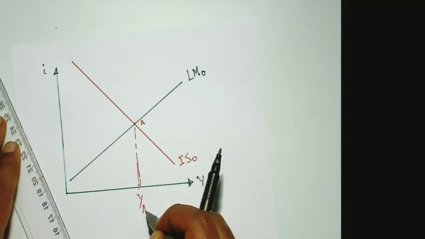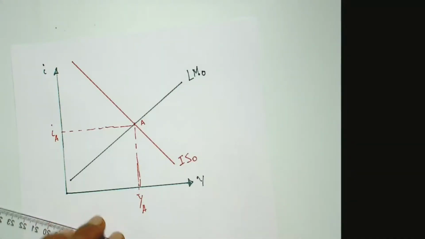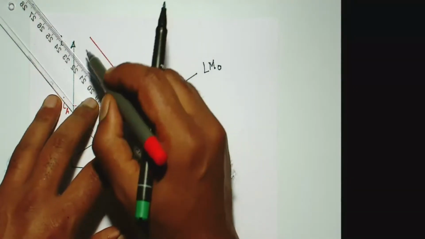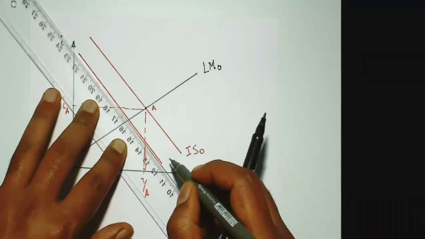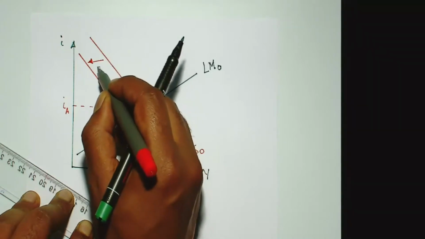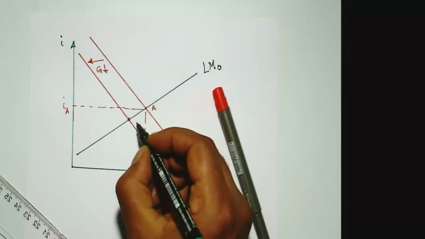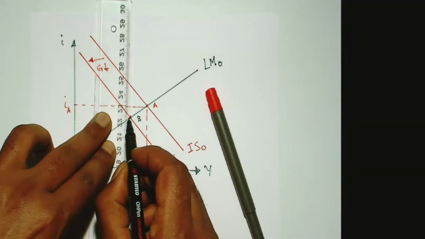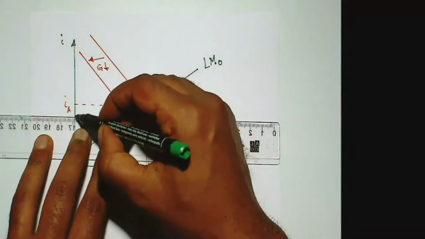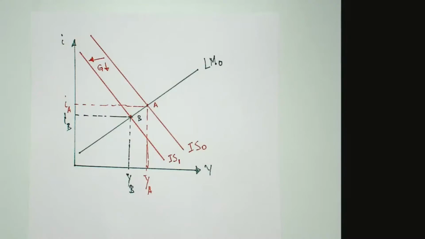where at equilibrium point A, we would have an income of YA with a corresponding interest rate of IA. And here we are saying that there is a contractionary fiscal policy which shifts our IS curve leftwards to a new curve, IS1, made possible by the reduction of government expenditure G. So at the new point of intersection B, we would have a new income level YB and a new interest rate IB.